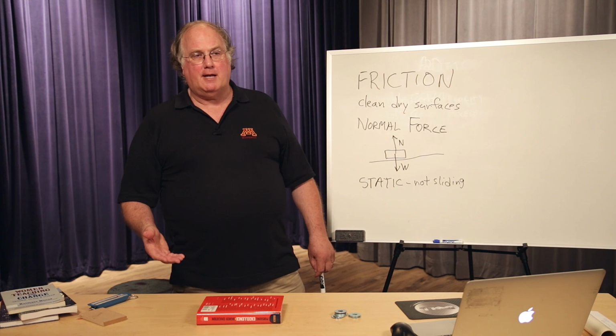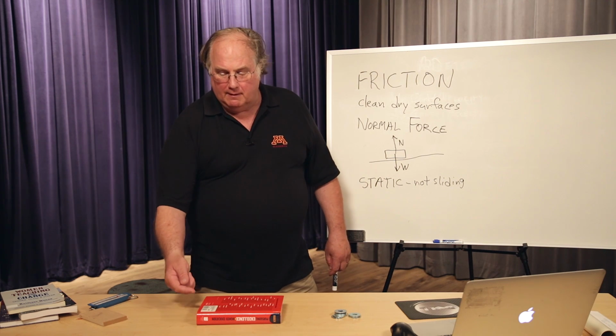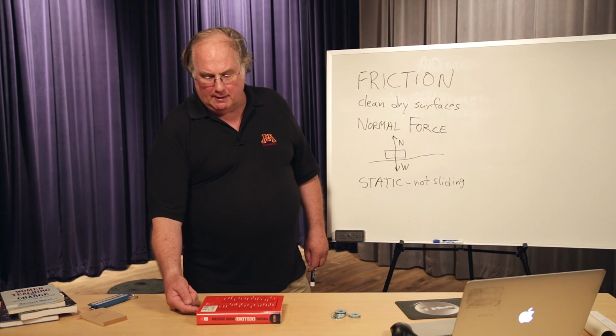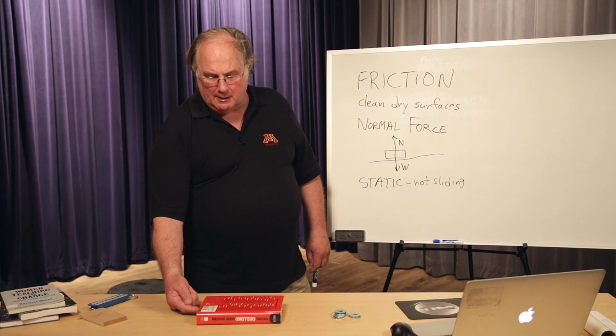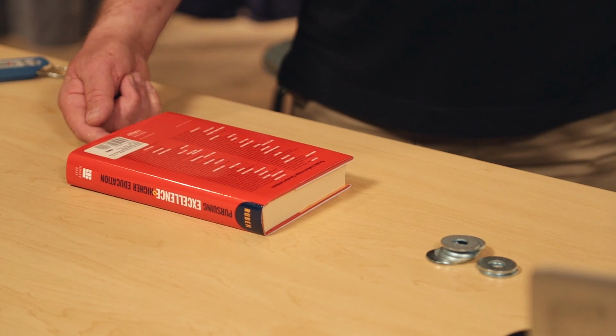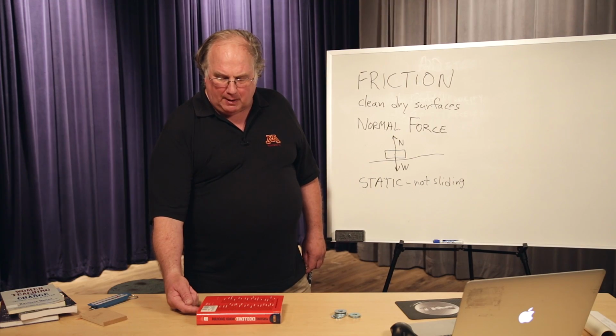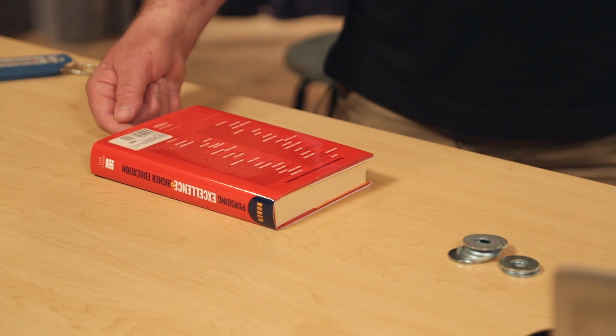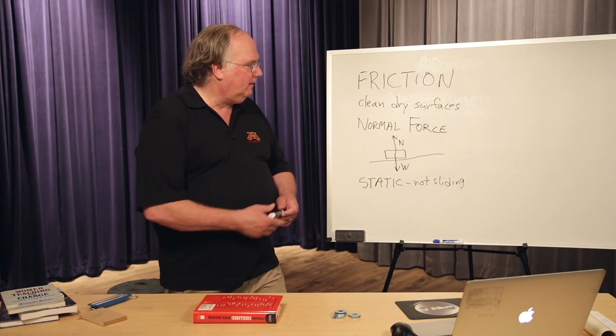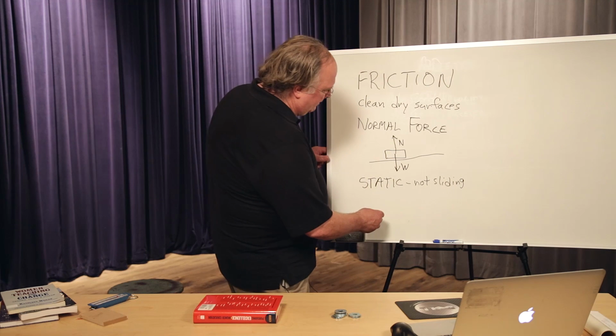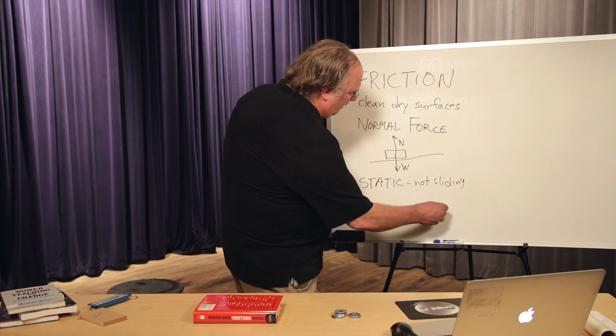Now, to understand static friction, you have to just start applying a little force on one side of the book. So suppose I lean on this side of the book just a little bit, just barely making contact with it. It's not accelerating. It's not moving. Clearly, the sum of all the forces on it is still zero. So how can that be?